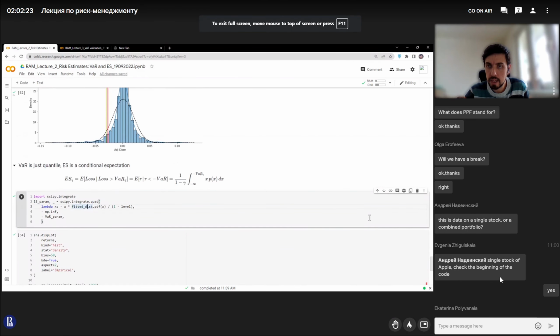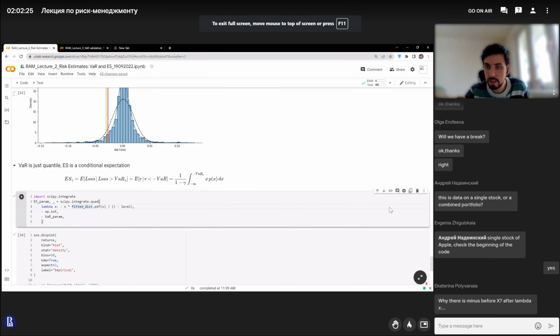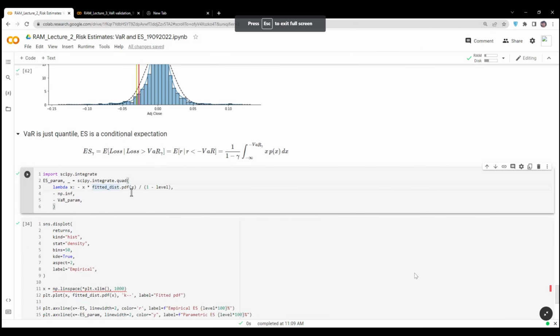So Ekaterina asks me why there is a minus before x in the formula of expected shortfall for parametrics. Actually, you may pay attention and see that minuses occur all over the way. Why do we usually use this minus?